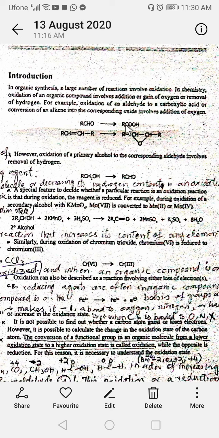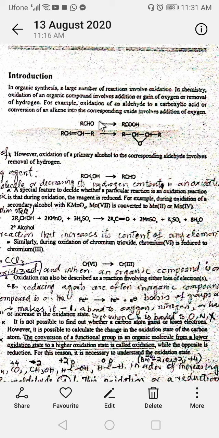So it is called oxidation. Here you see this is C double bond C, and the double bond is removed and oxygen is added. So here again in the product the contents of oxygen are increased as compared to that of the reactant. So this is called oxidation.